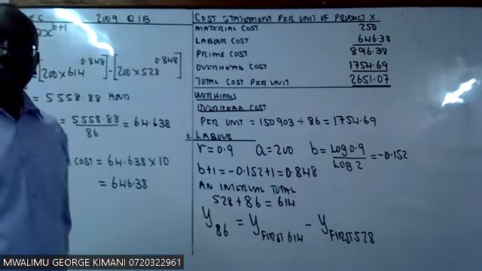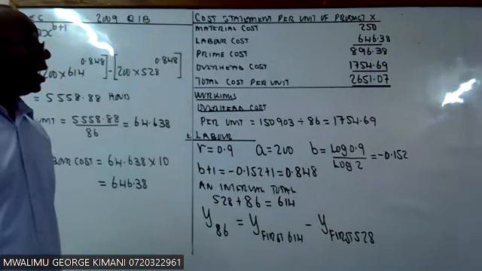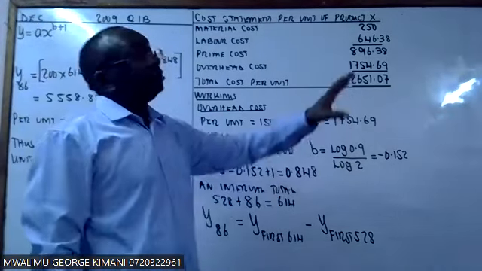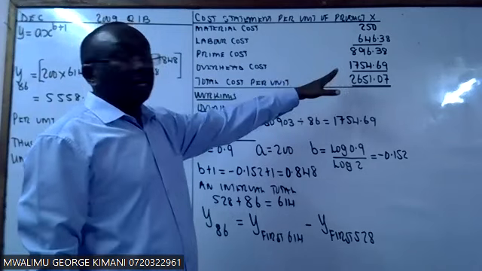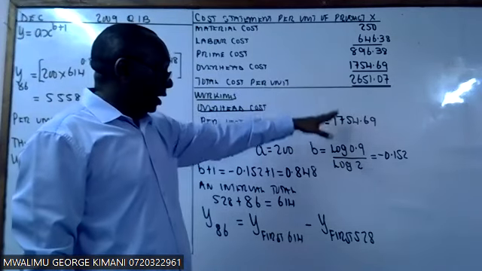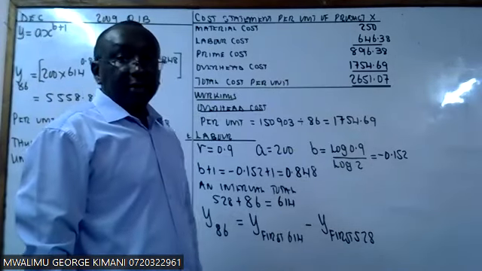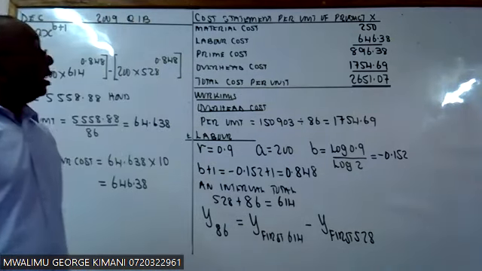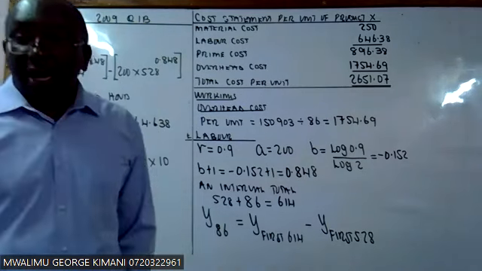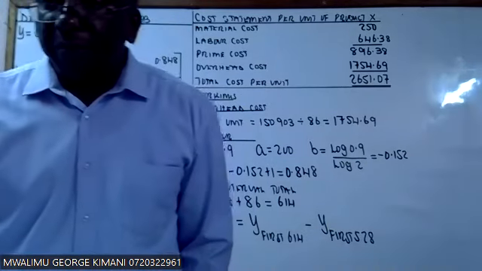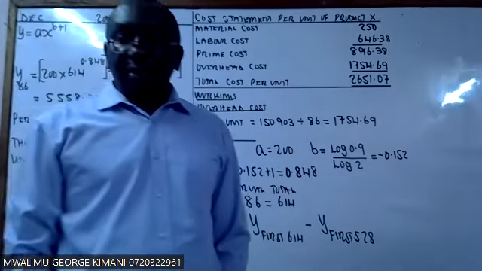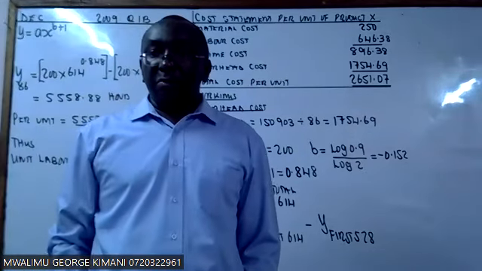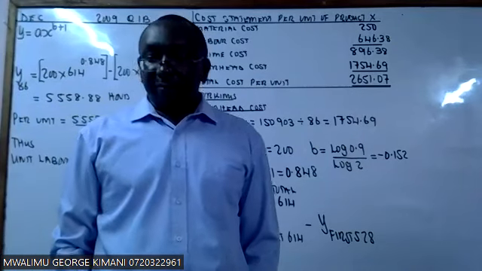So that is how you are supposed to work out. And as I told you, nowadays the practice is just to provide the answers. The workings are down there. So that is all about that. Prime cost is the sum of material and labor costs, which are popularly known as direct costs.